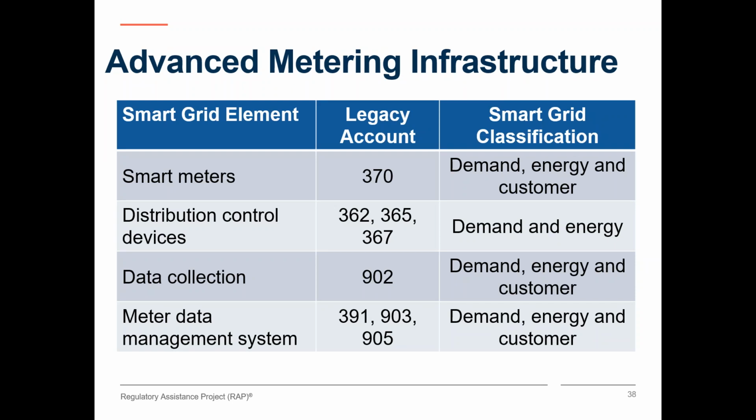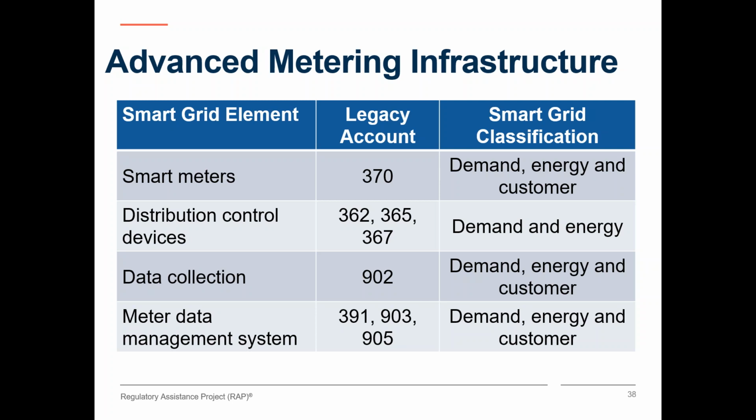The manual has an entire section on the allocation of advanced metering infrastructure. This table shows the legacy FERC accounts into which smart grid costs fall and how those costs should be allocated in a modern cost allocation study. I'll just pick one for example. The data collection function used to be meter readers that went out and collected data.